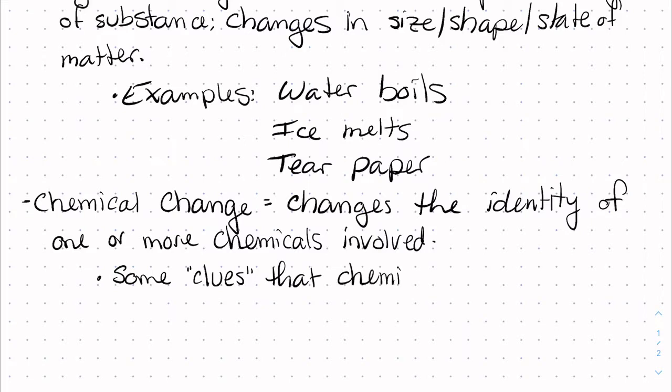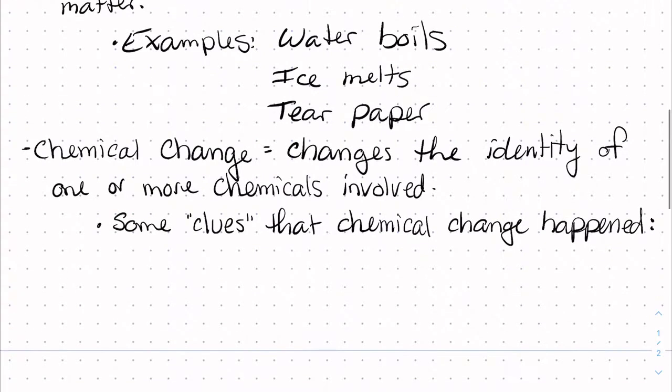Because these are things we want to be on the lookout for in this class. So basically my summary of how do you know if a chemical reaction happened is that something unexpected happened.